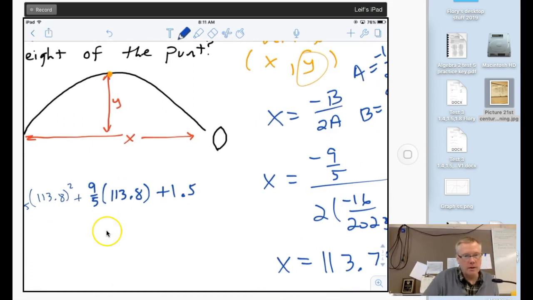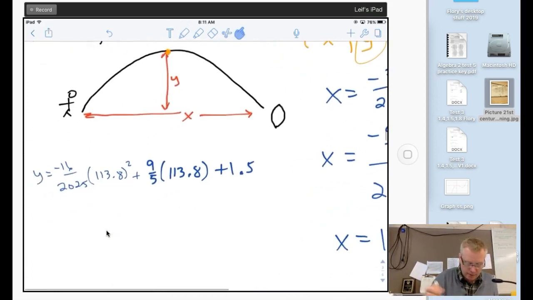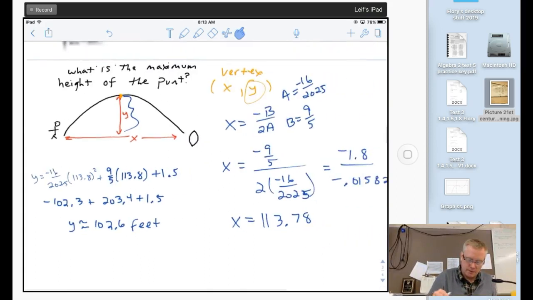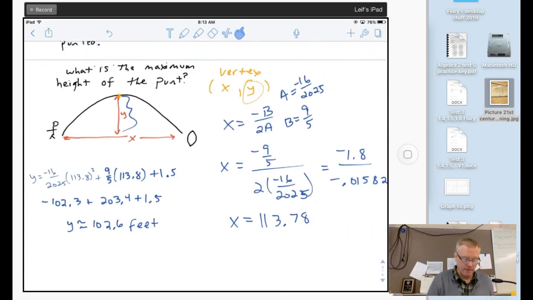All right, and then I'm going to punch that in my calculator. And when I punch those in my calculator, I get the negative 102.3 plus 203.4 plus 1.5. And if you add those three things together, you get approximately 102.6 feet. So that's what I'm going to leave my answer as, which would be the maximum height that that ball was kicked. All right, so it was the y coordinate of the vertex.